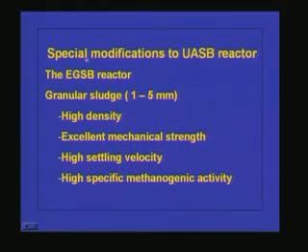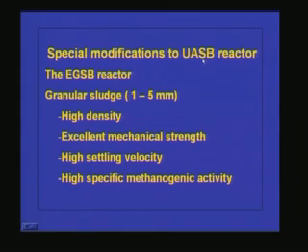Because of this high settling velocity, we can use a high upflow velocity, and even if the wastewater enters the system with a high upflow velocity, the sludge will remain in the system. That is the modification of the UASB reactor. It is known as the EGSB reactor, expanded granular sludge bed reactor.